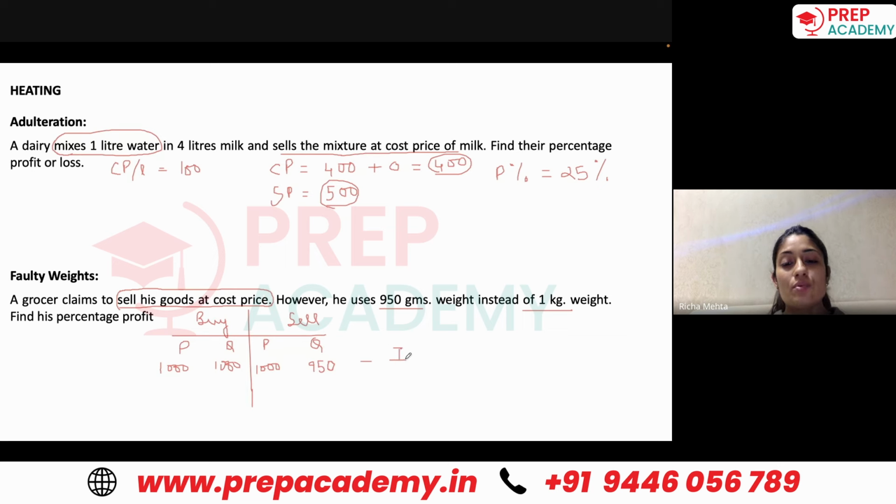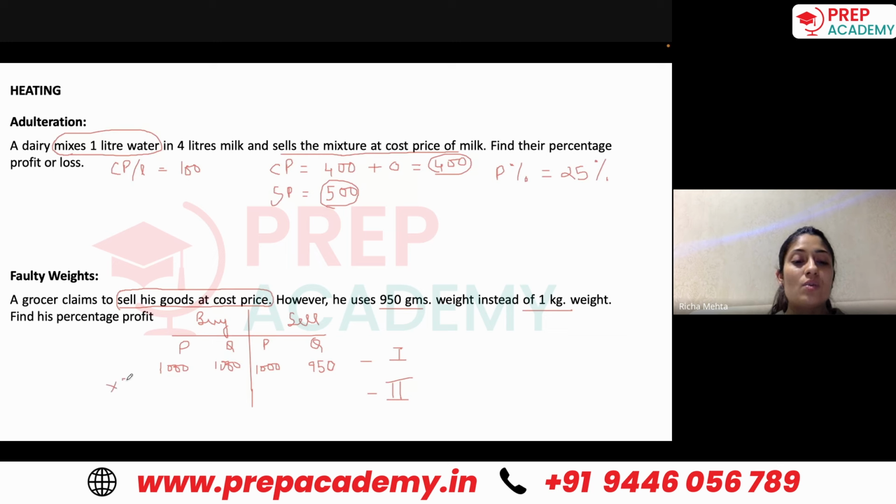Now step 2 is what we learned in the previous question. I cannot calculate profit or loss percentage unless my quantity on both the sides is the same. So clearly here the buying side and the selling side, the quantities are different. So my step 2 will be to equate the quantity.